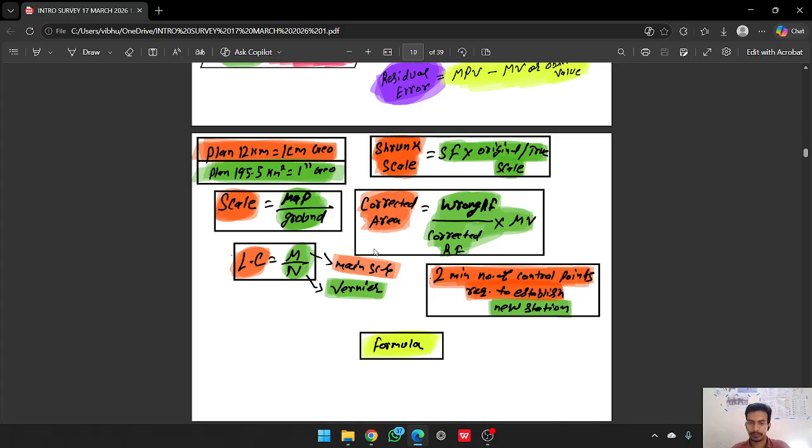Then the main control points are done with high accuracy. After that, we do it with less accuracy. The less or minor error does not accumulate or increase when we work with less accuracy for small parts.